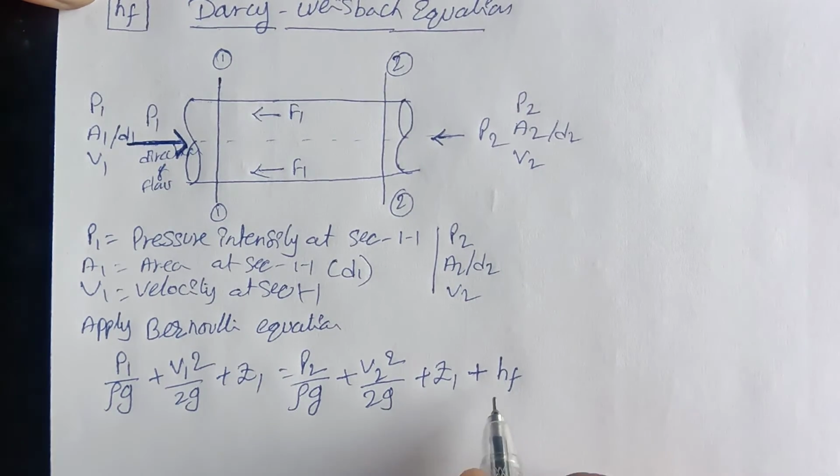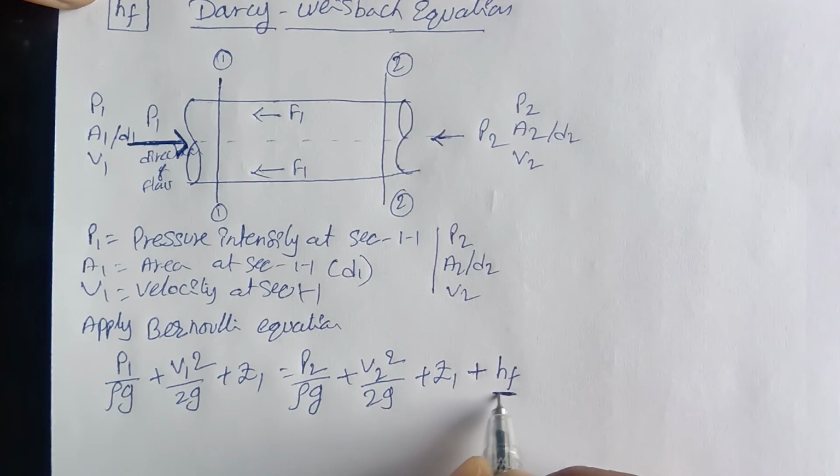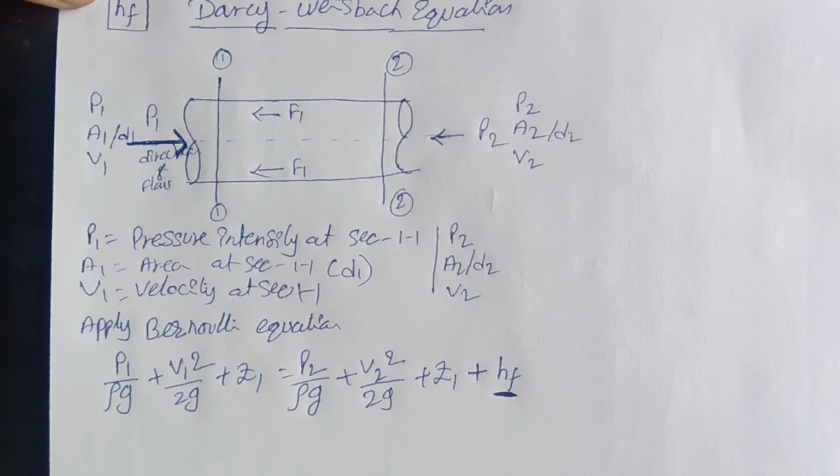This head loss will be there in the pipe since there is friction. Because of friction there will be some loss of head, that is HF.